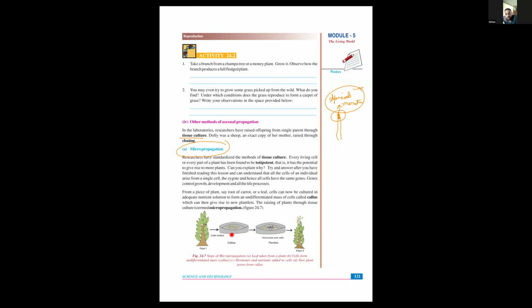Callus medium is the medium in which the cells are placed with nutrition, agar nutrition, so that they can divide more. They continuously divide to form plantlets, and then the plantlets are put into the garden to form a new plant.